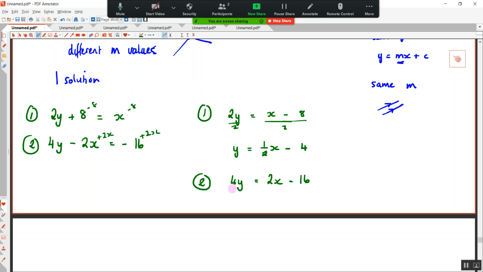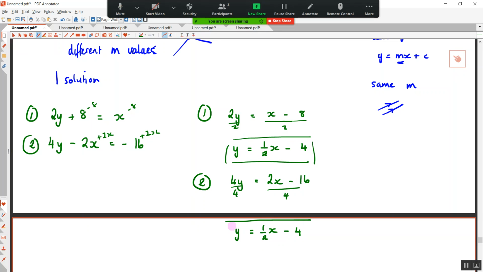And then I'm going to divide by 4, and I get y is equal to 2 divided by 4 is a half x, and 16 divided by 4 is 4. And what do you notice? They're the same. All right.